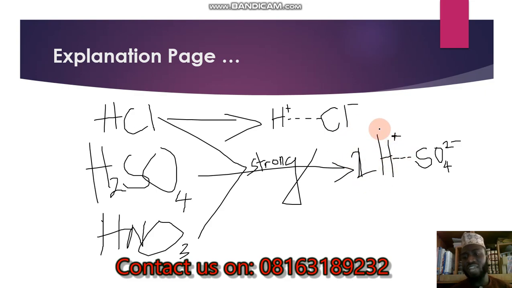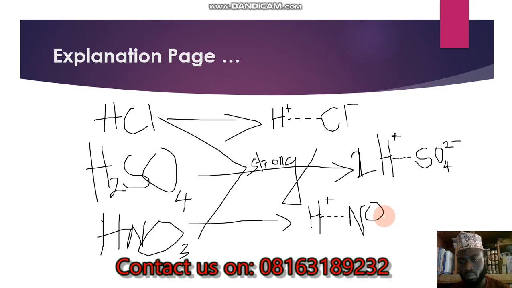This is what we call complete ionization, because the hydrogen is completely separated. There is no more hydrogen attached to this. For the last one, HNO3, we have just one hydrogen ion, and NO3-.